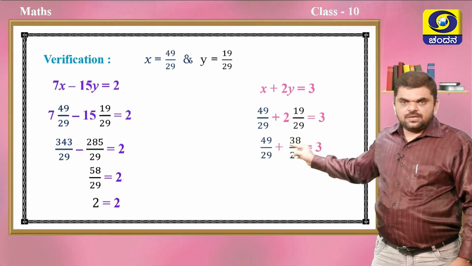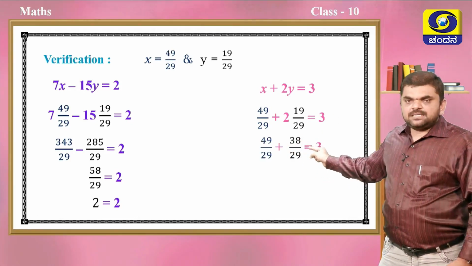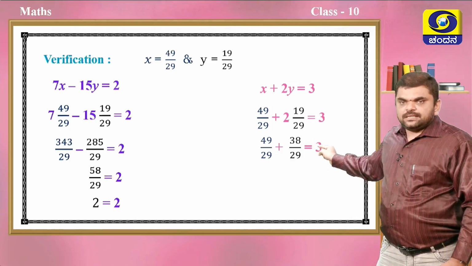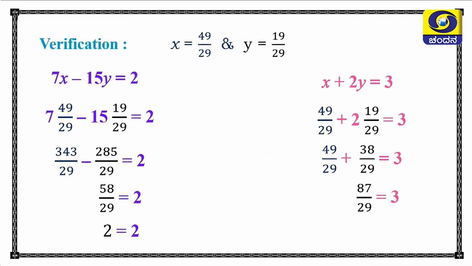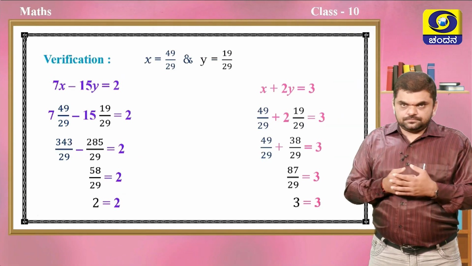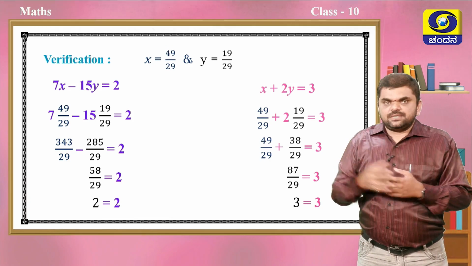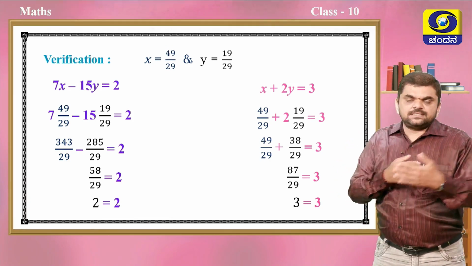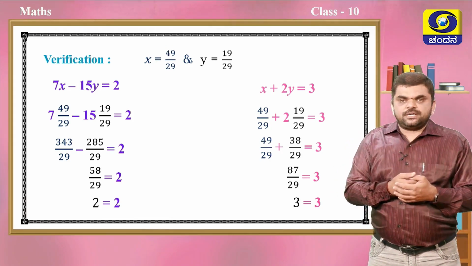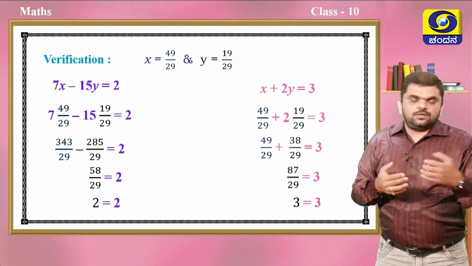On simplification, 49 by 29 plus 38 by 29, that is 87 by 29 is equal to 3, that is 29 ones are 29, 29 threes are 87, that is 3 equals 3. We will get LHS is equal to RHS, and our problem is solved.